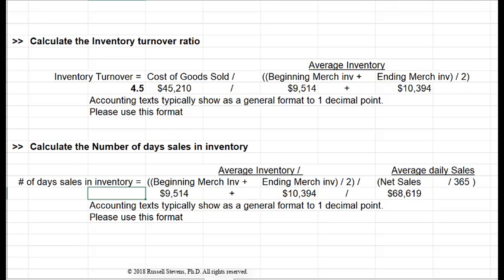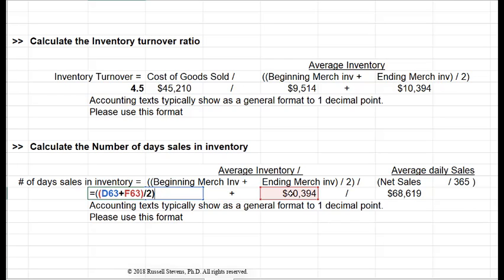The formula is started with an equal. Two open parentheses are entered. The cell with 9514 in it is highlighted. A plus is typed in. The cell with 10394 is highlighted. A closed parenthesis is followed by a slash denoting division, and the number 2 followed by another closed parenthesis.